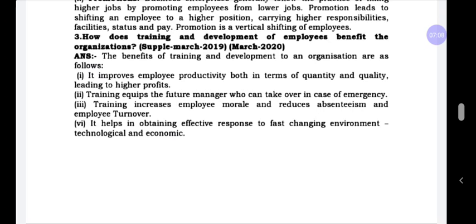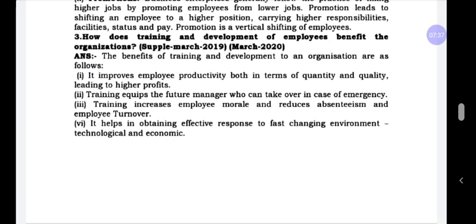They are asking, if you give good training to the employees in an organization, what benefits are you going to get? You have to write the advantages from the perspective of the organization. Let us see what benefits the organization may get from training.